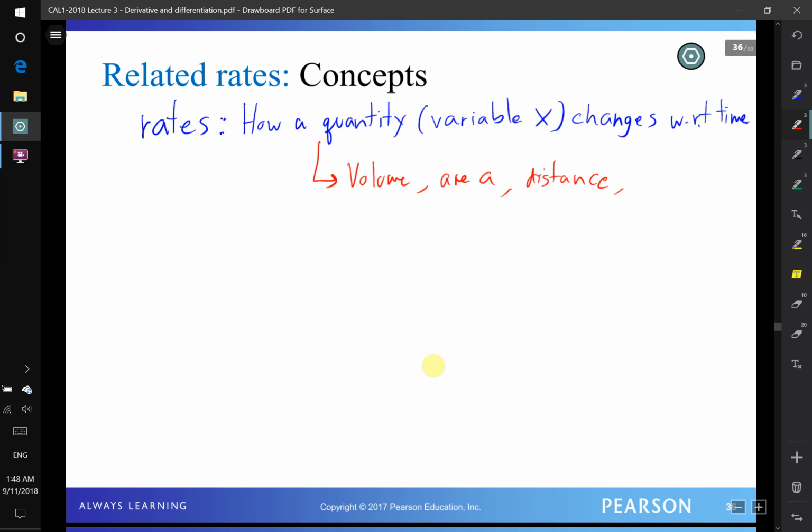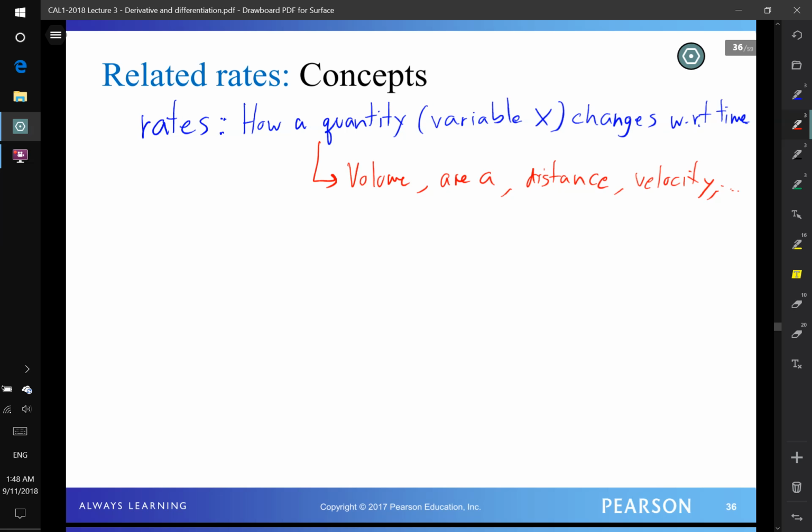It can be velocity, how velocity changes over time. And it can be anything else, temperature, pressure, anything you name it, anything that you want to study. So we want to know how these values, volume, area, distance, velocity, change over time.